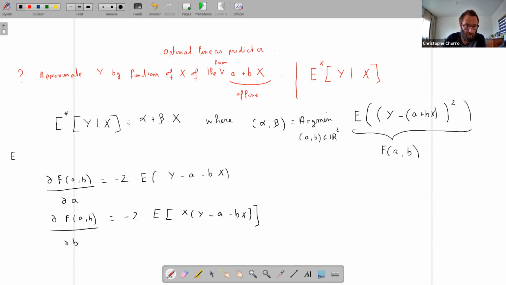So what are the Euler conditions? The Euler conditions mean that if I want to find an optimum, I have to make these partial derivatives equal to 0.